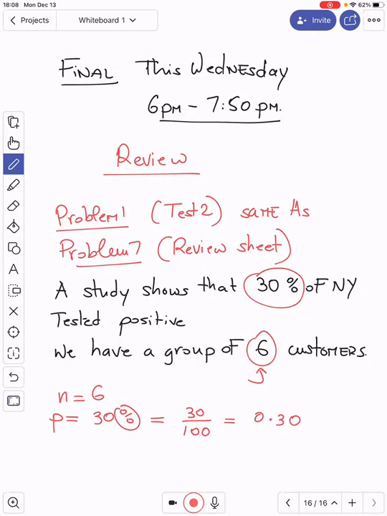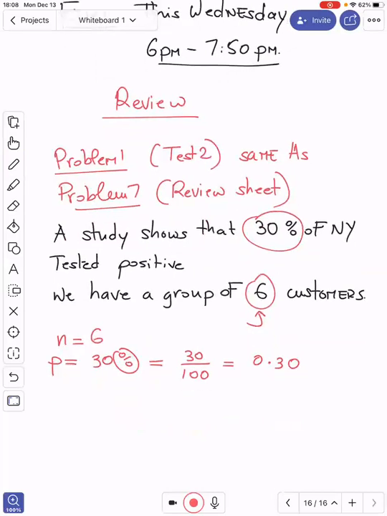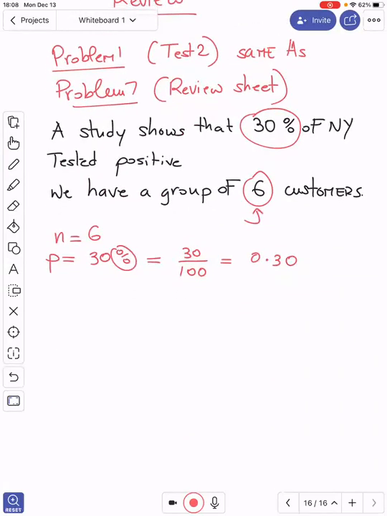Now, once you have the n and the probability of success P, you can answer any question. The first question, I think most of you got right, but let me remind you how to do it.